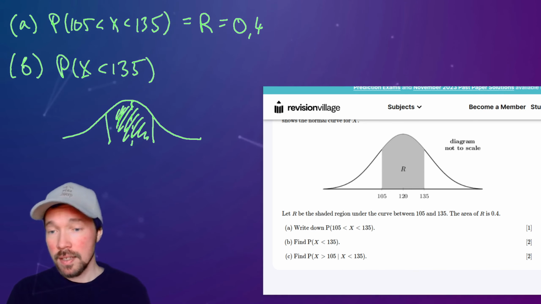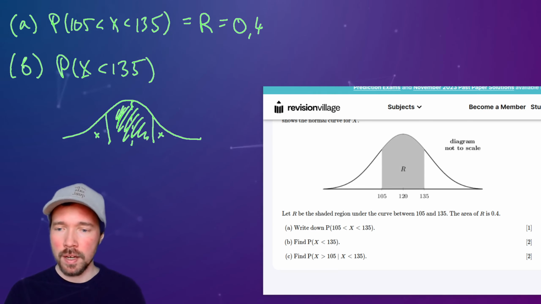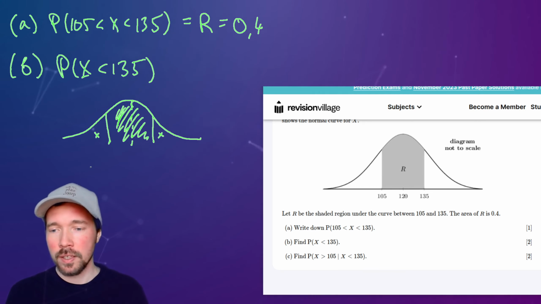Since the Gaussian is symmetric, this area and this area are equal, and the entire area under the Gaussian equals 1.